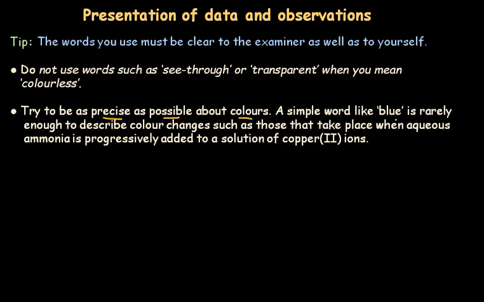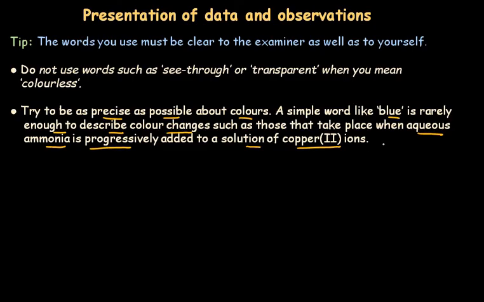For example, a simple word like blue is rarely enough to describe a color change, especially when, for example, a solution of copper ions is taken and we are adding an aqueous ammonia solution progressively, in the sense a small amount at the starting and then excess. Then how are we going to describe it?